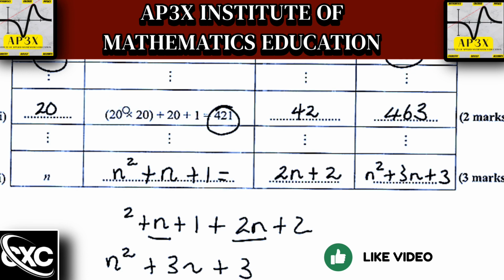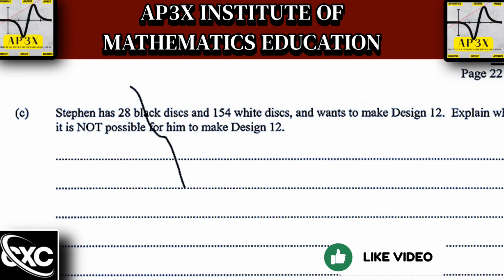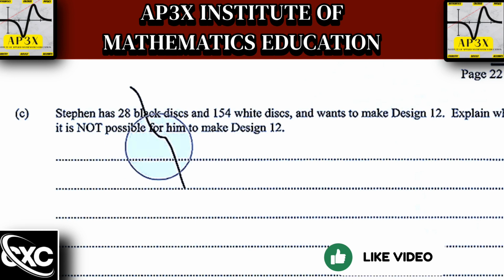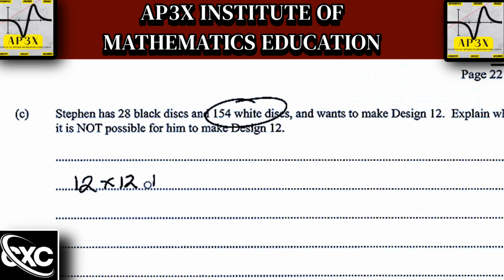We know that if it's design 12, it's going to be 12 times 12 plus 12 times 1. That's going to give us the total number of white disks. We know right away that he has 154 white disks. So 12 times 12 plus 12 plus 1: 12 times 12 is 144, plus 12 plus 1.